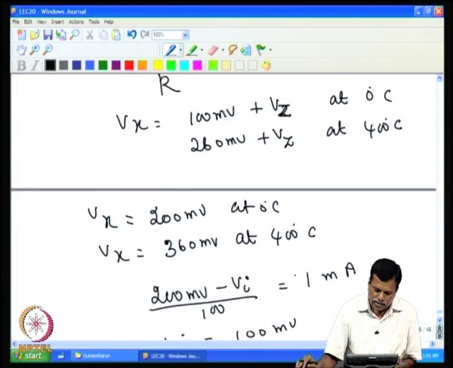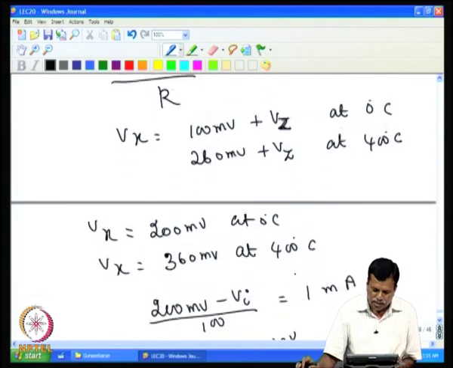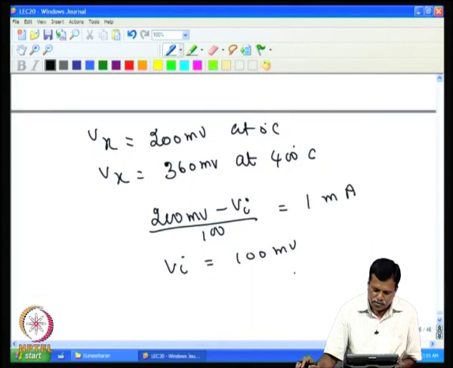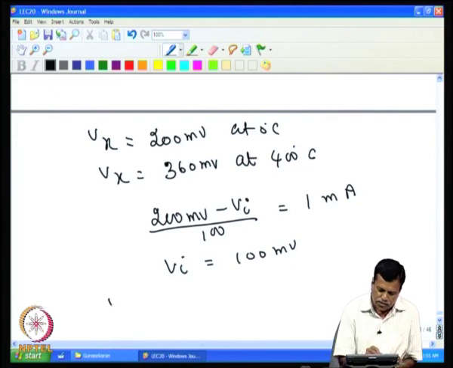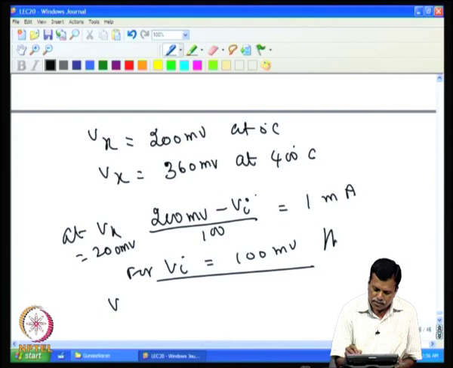Then, at Vx equal to 200 millivolt, we get Vi equal to 100 millivolt, and I will be equal to 1 milliampere.